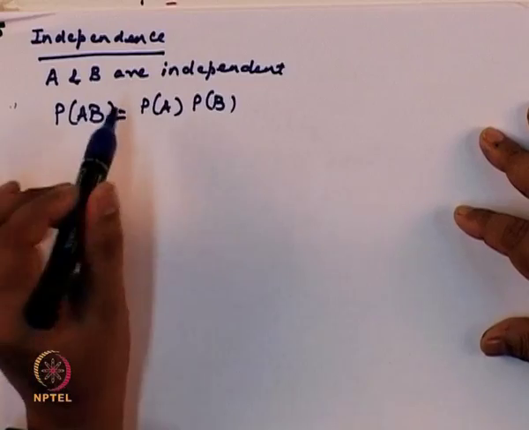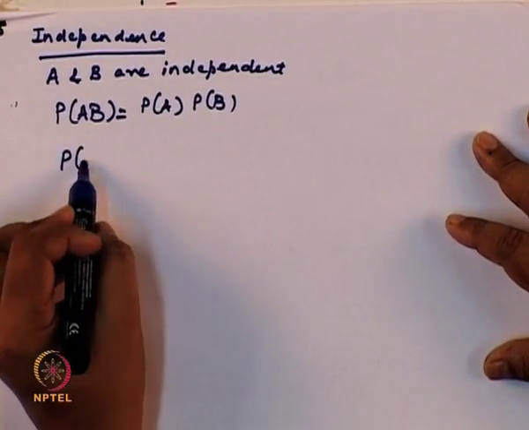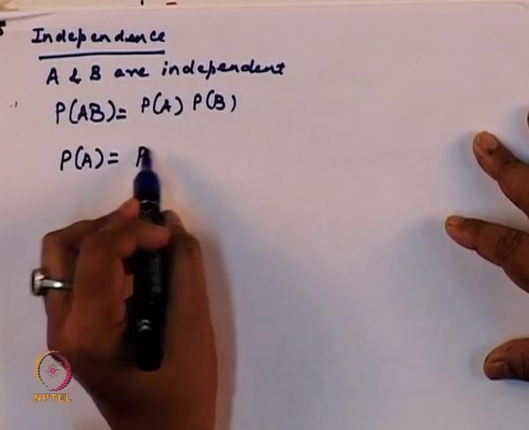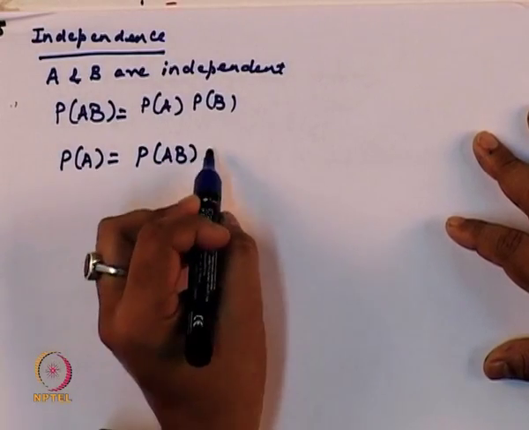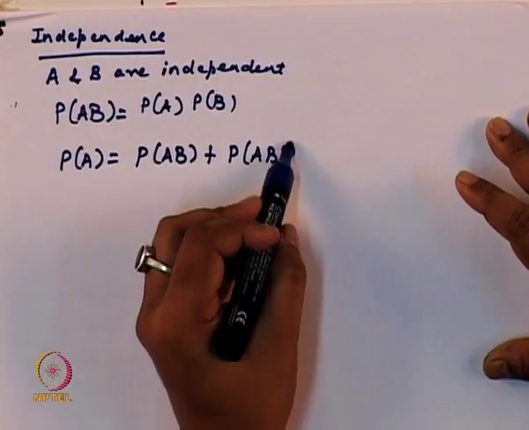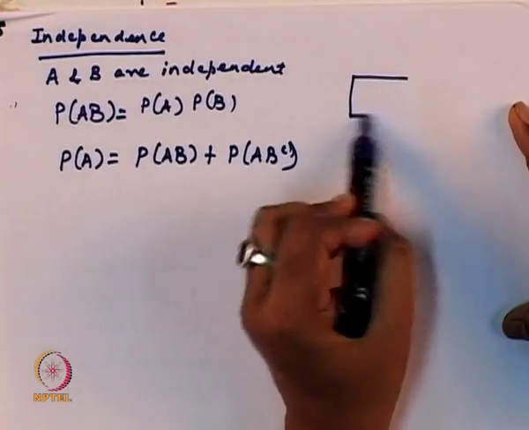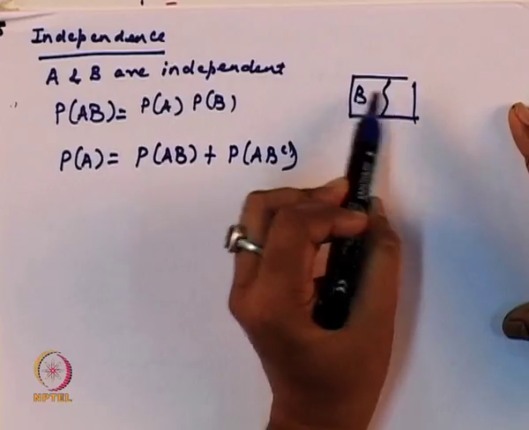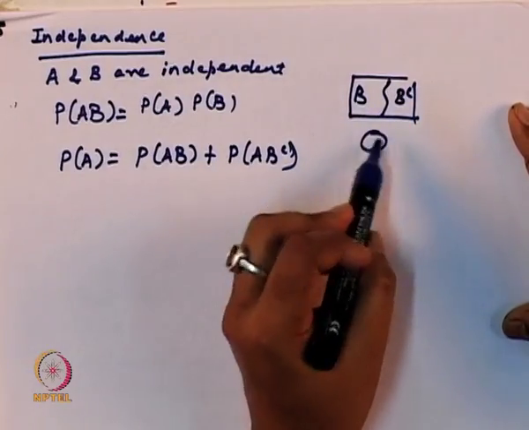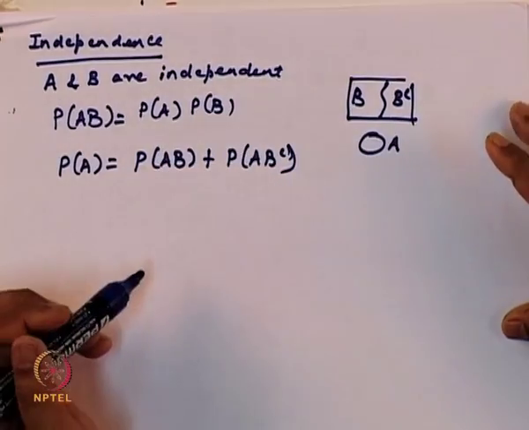Now, if A and B are independent, I can write the probability of A as the probability of AB plus the probability of A B complement. This is your event B, this is your event B complement, and this is your event A. They are independent, so I have drawn them separately.